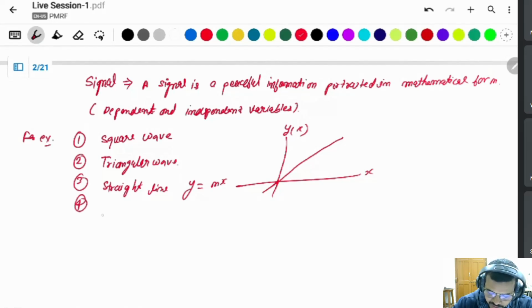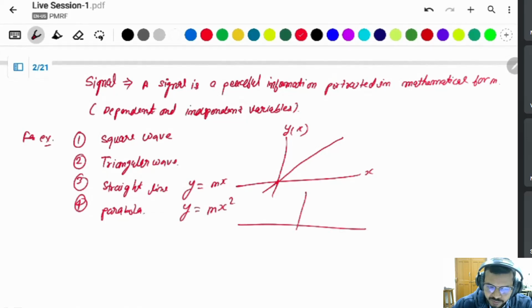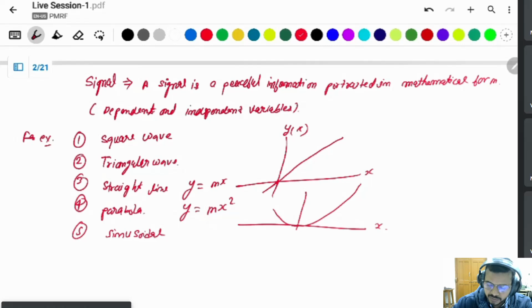So the parabola signal, like y is equal to mx square, and so on. These are known signals. You can say a sinusoidal signal. There are a lot of signals you can express in mathematical form.